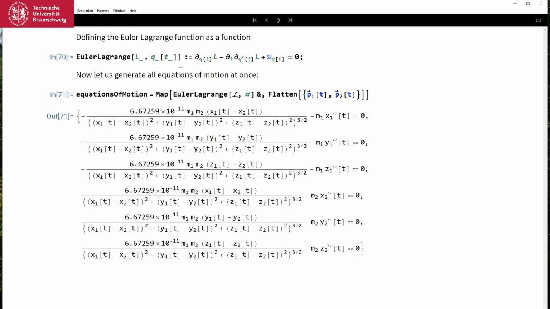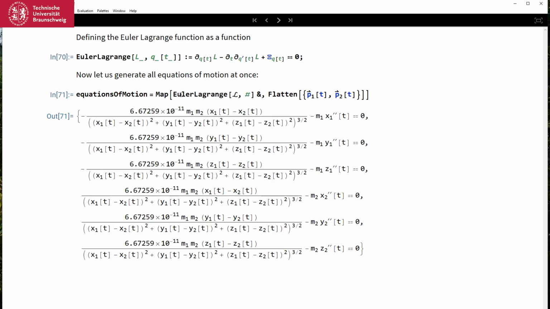We don't want to write all of them down point by point, so what I'm doing here is I want to get all the equations in one go. I've defined here the Euler-Lagrange equation, taking in L and its coordinates. Very simple. And then I apply this to all my coordinates. So how do I do this?